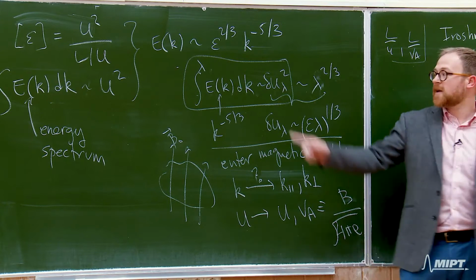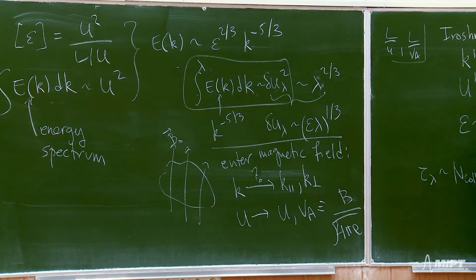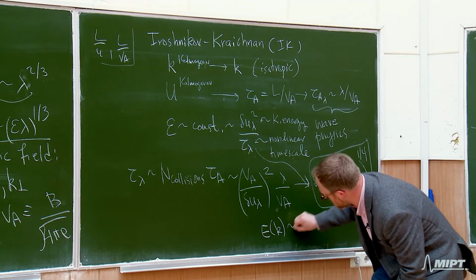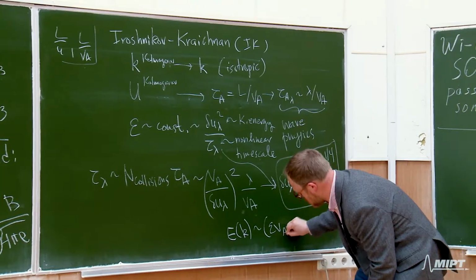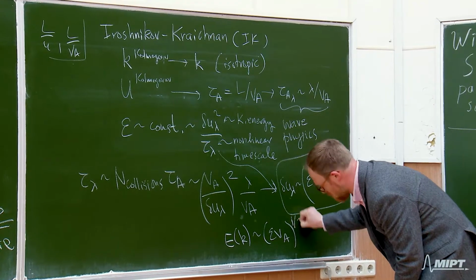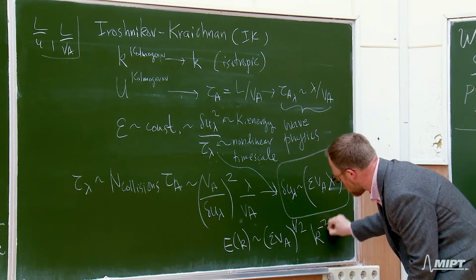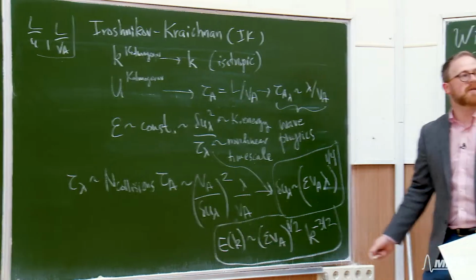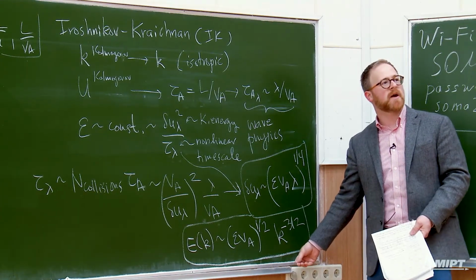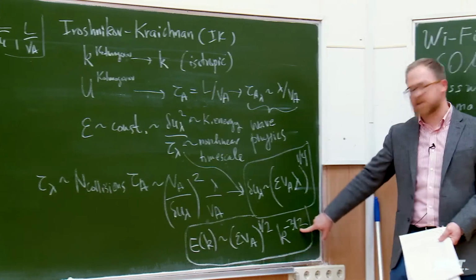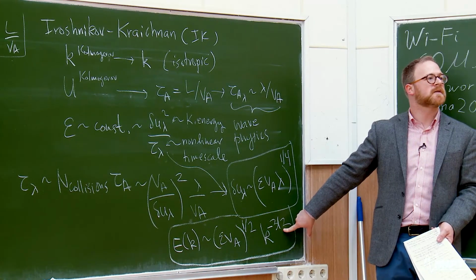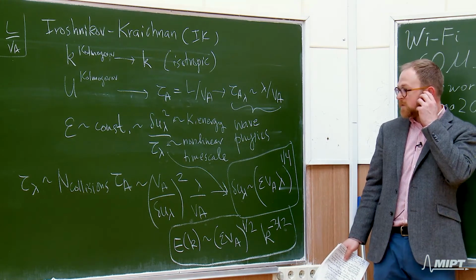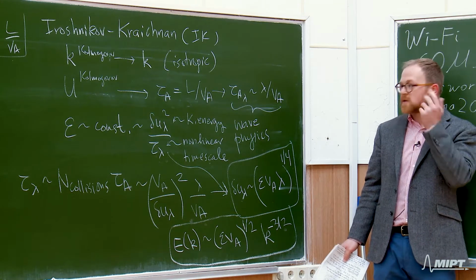I just take that and I plug it in here. And what this gets me at the bottom of the board is what's called the Iroshnikov-Kraichnan power spectrum. And you see it's different. It's 3/2, not 5/3. Good. So that's a prediction.